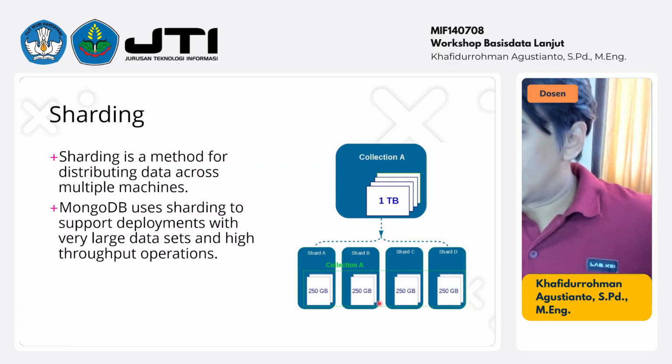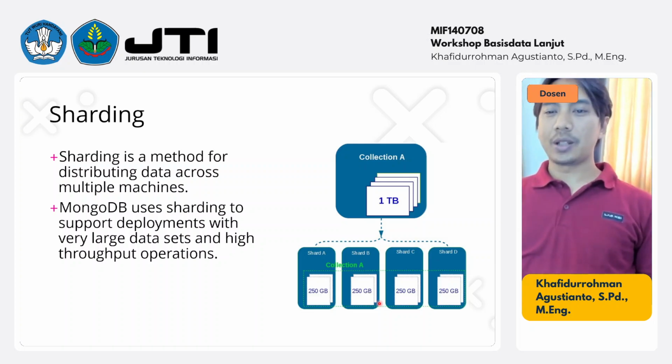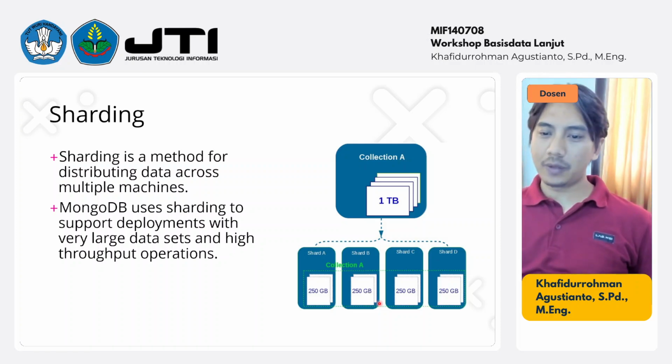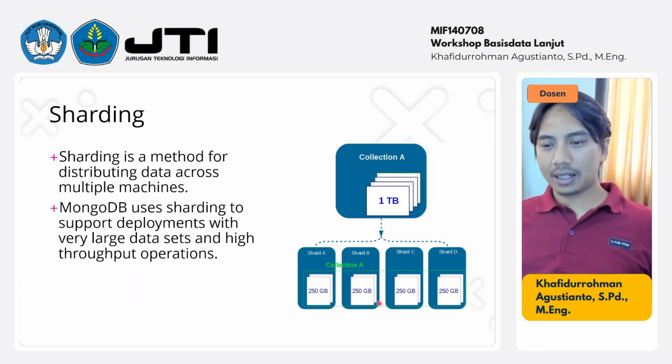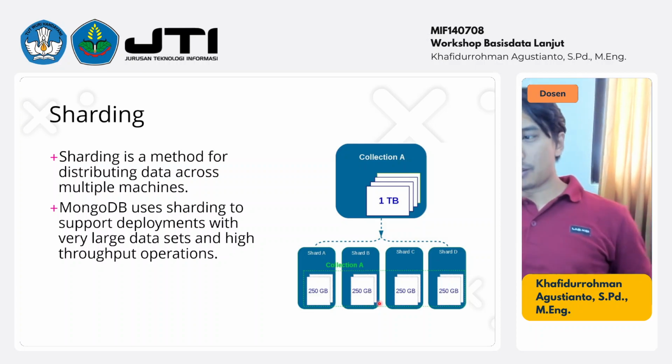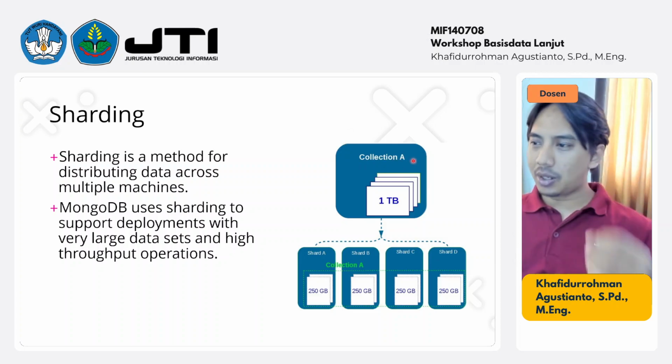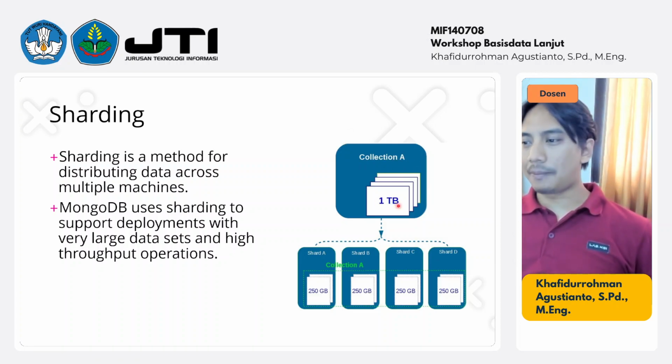Then sharding. Sharding is a method for distributing data across multiple machines. MongoDB uses sharding to support deployments with very large datasets and high throughput operations. So it means that you have big data. For example, in this slide, you have a collection with 1 terabyte of data.